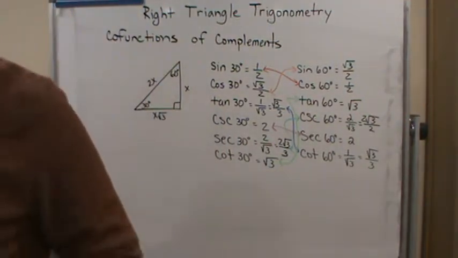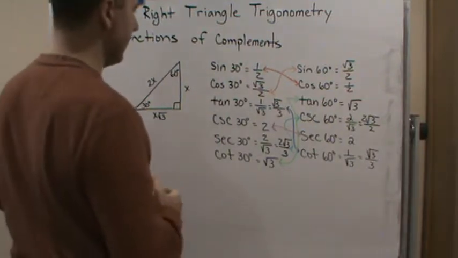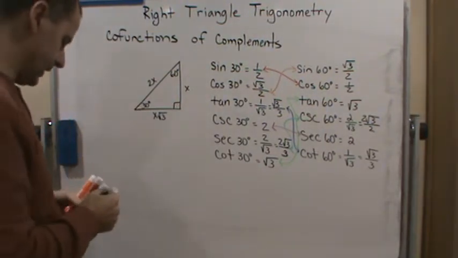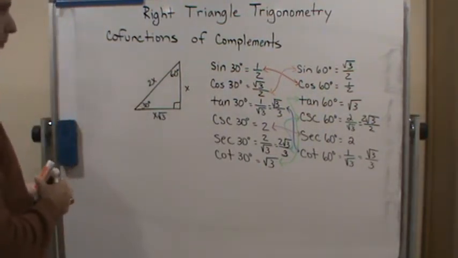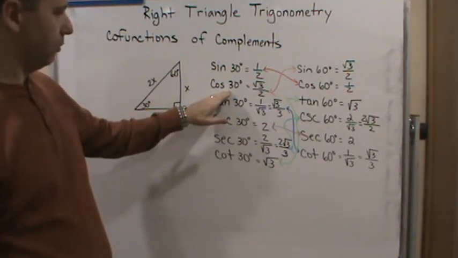Okay, so notice the cofunctions are all equal to the other functions, if you will. Sine 30 is equal to cosine 60. Cosine 30 is equal to what?